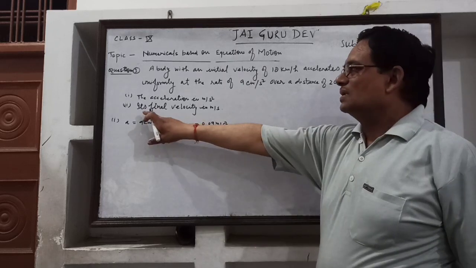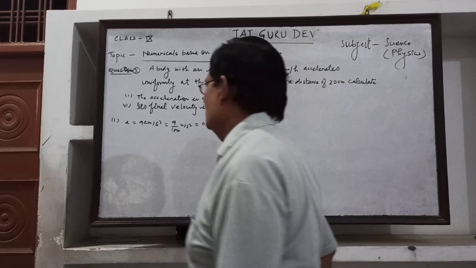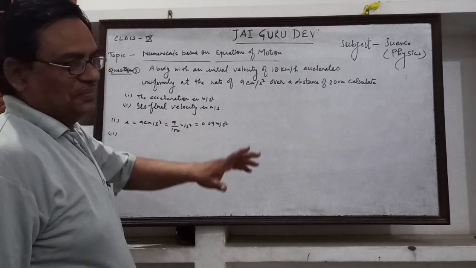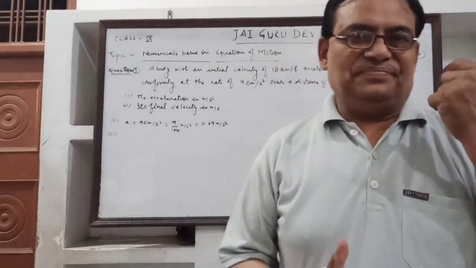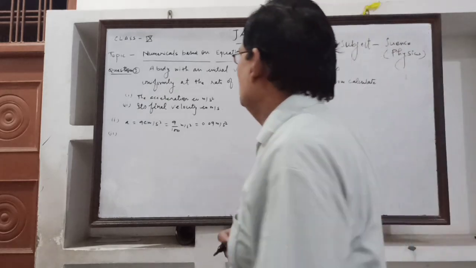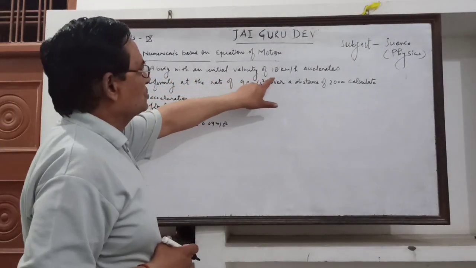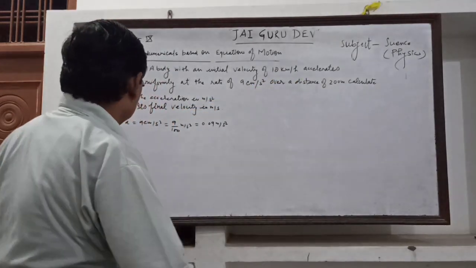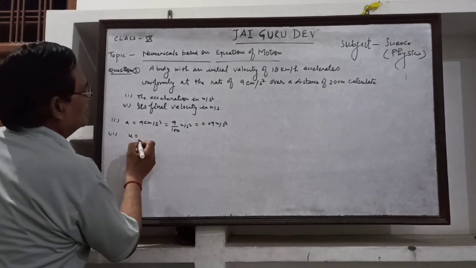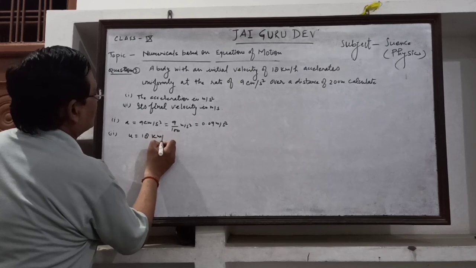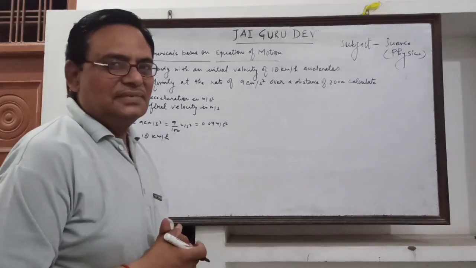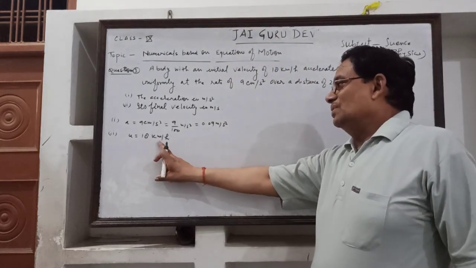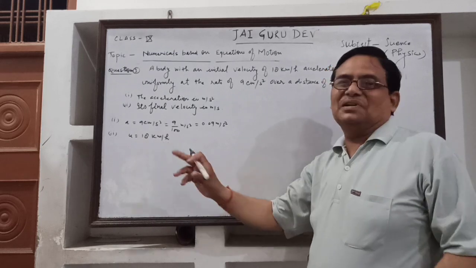Now we take the second part of the question, that is, its final velocity in meter per second. Final velocity means v. Now we see the question: a body with an initial velocity 18 km per hour. Initial velocity is u, so u is 18 km per hour. We have to notice one thing here, that the unit of initial velocity is given in kilometer per hour.